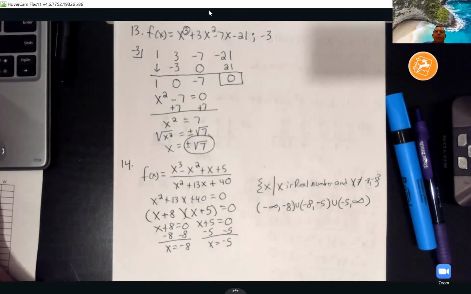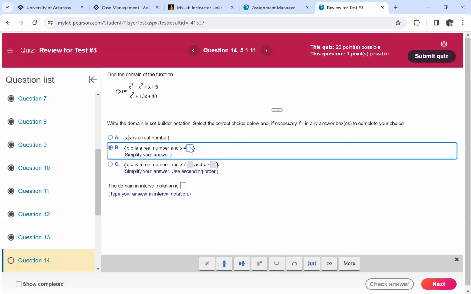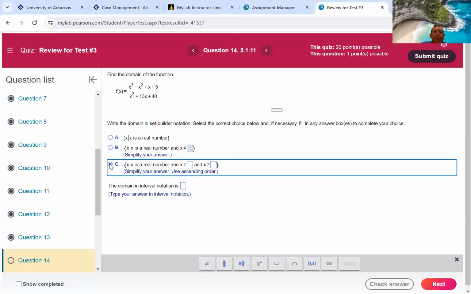Alrighty, so the first part will be easier with the set builder because they write everything out. So since I got 2 numbers, I guess I would use C for that, wouldn't I? And they want ascending order. So here I would put my negative 8 and then my negative 5.